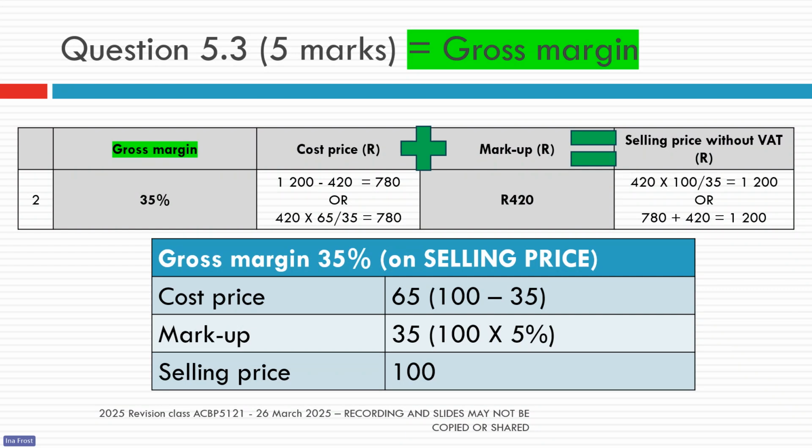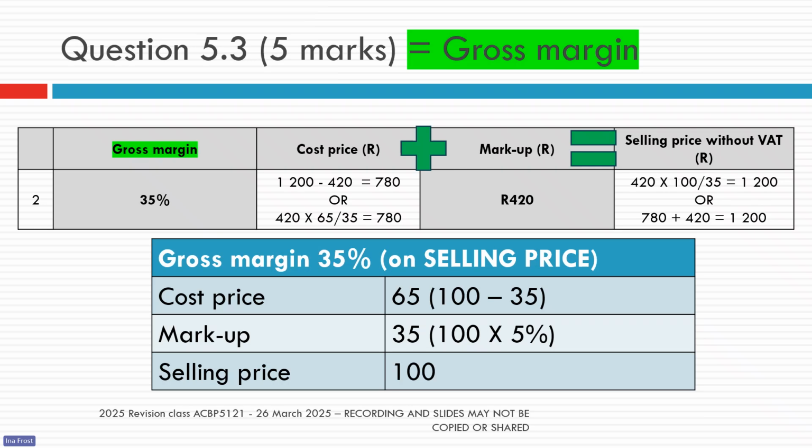Because remember, your cost price plus your profit equals your selling price. So to get back to the cost price, then I'm going to say, what do I want over what do I have? I want the cost price, and that's the 65. What was I given? I was given the profit, the 35, and that then gives me the cost price.